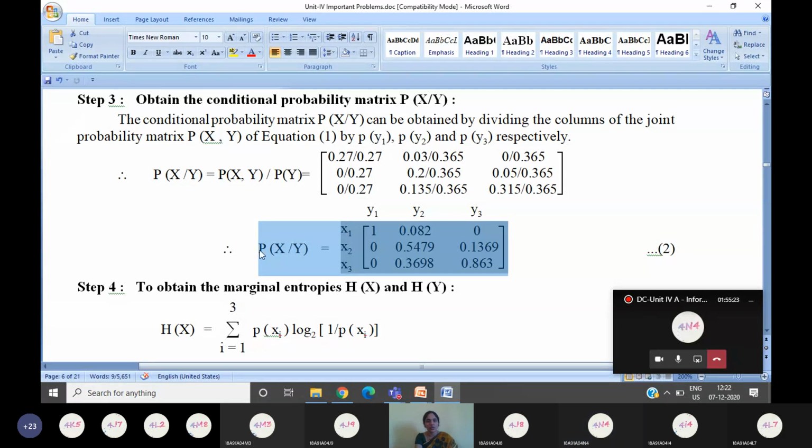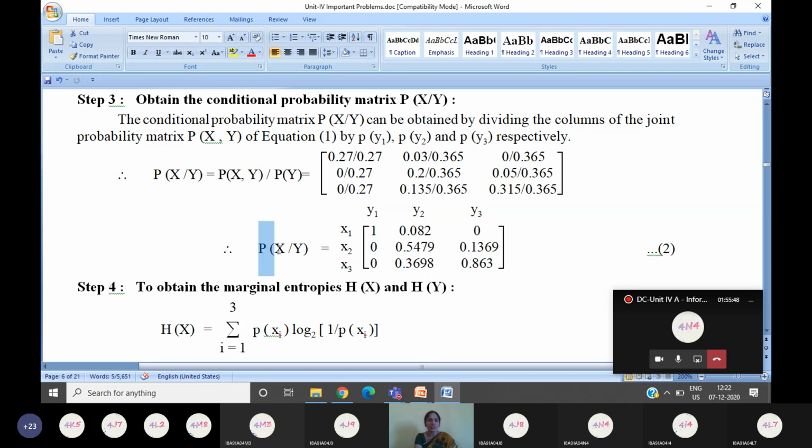So what is the condition to cross verify the P of X by Y matrix? Sum of all the elements in each column should be equal to 1. First column P of Y1, take all the elements 1 0 0. Similarly for P of Y2, take the sum of the second column, and likewise the third column.